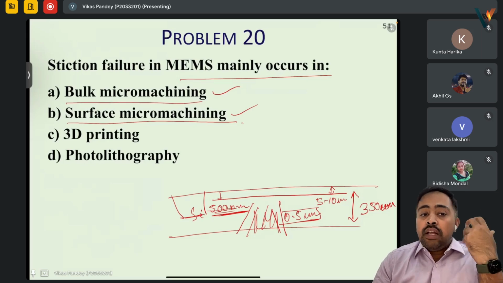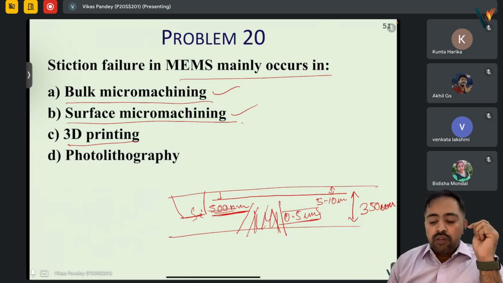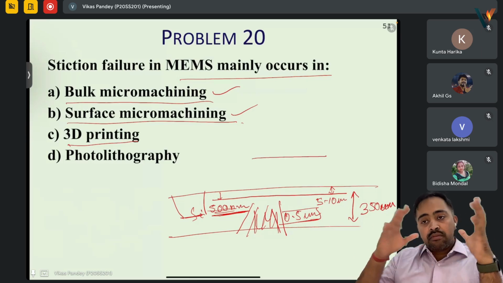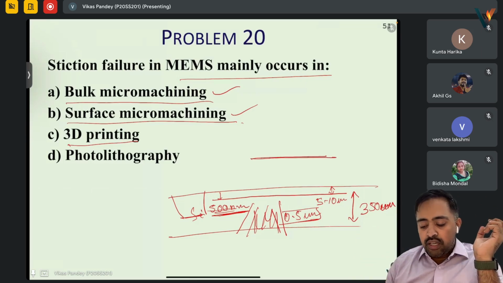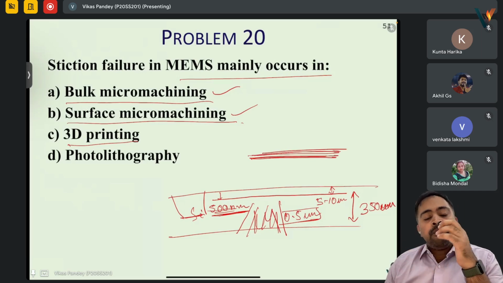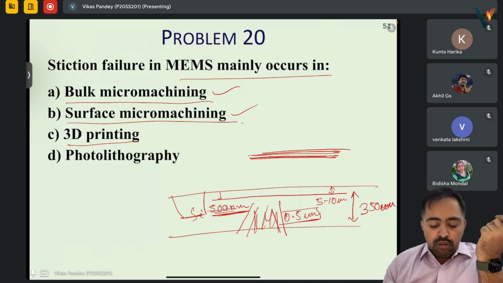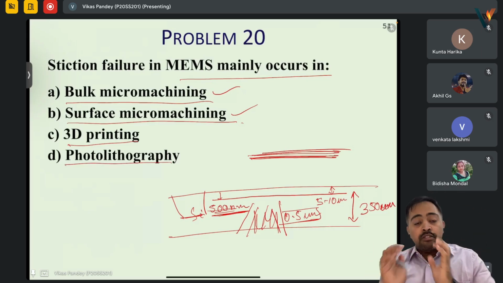And 3D printing, we know, is not related to microfabrication, but is where we make a 3D structure by depositing layer by layer, one above another, added due to heat. I have a 3D printed structure here. And photolithography is a process of making patterns.